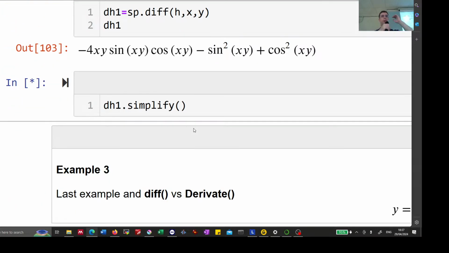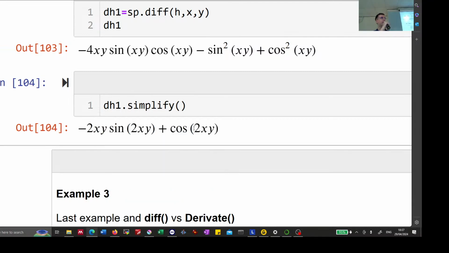Okay, but don't forget the rest of what you learned, because when you get the result, you can always try to simplify. Sometimes Python does it automatically, sometimes it doesn't. You can always ask Python again, oh, can you try to simplify it, please? Because if you look on top, there's clearly some form of trigonometric relation, right? It's very obvious.